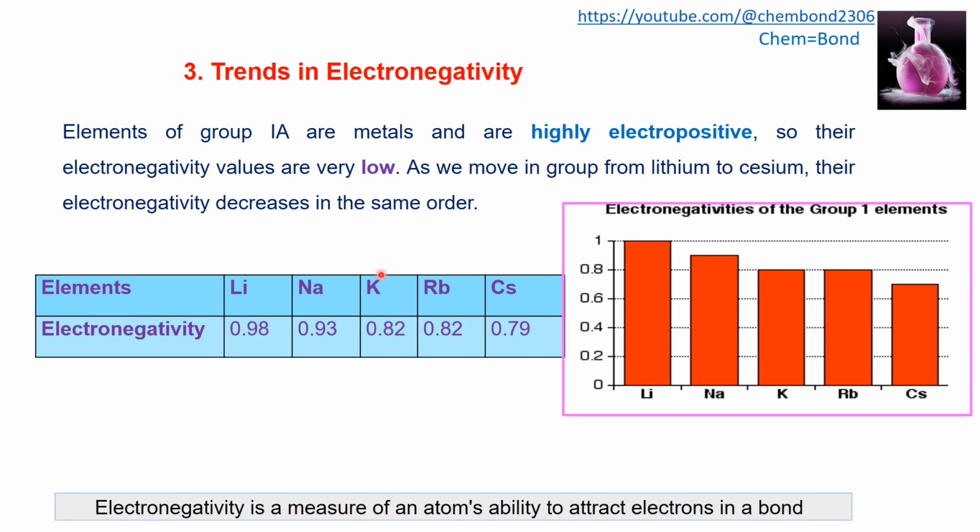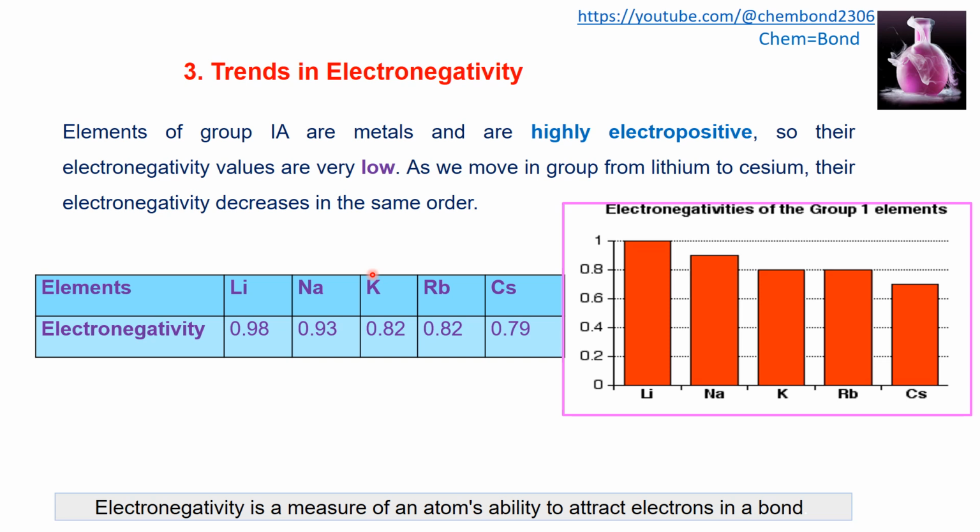From the Pauling scale, these are the same; if measured by other methods, they may have different values. The reason behind it is that in moving down the group, from lithium to sodium and cesium, the size of the atom increases. When we reach potassium, there is an abnormal increase in its size.